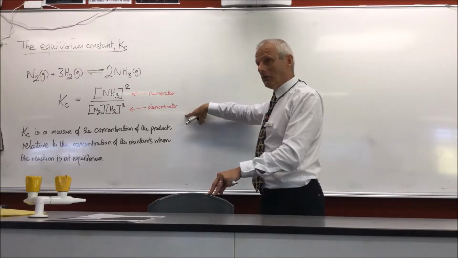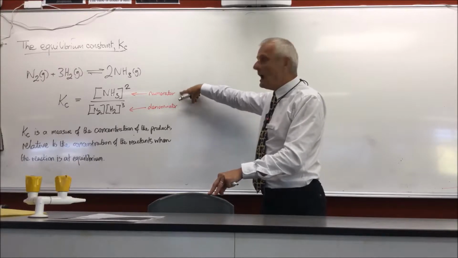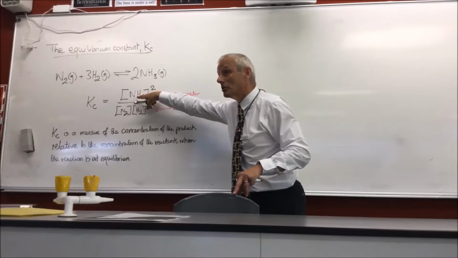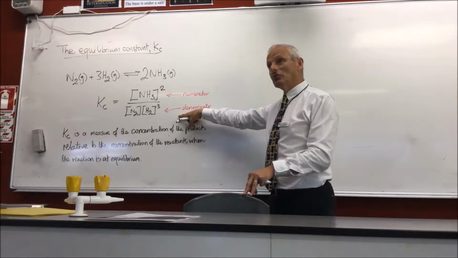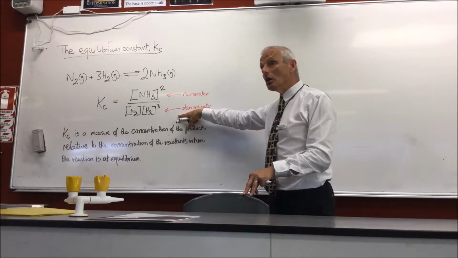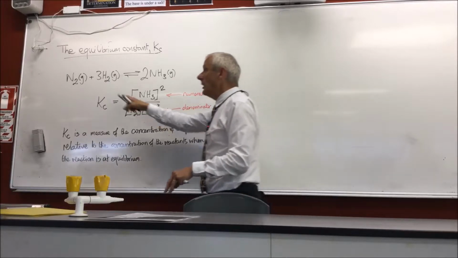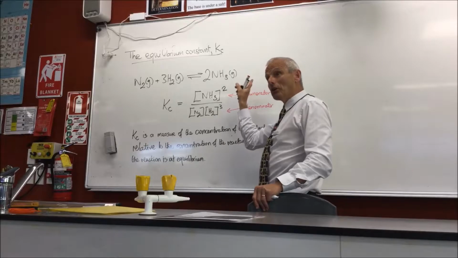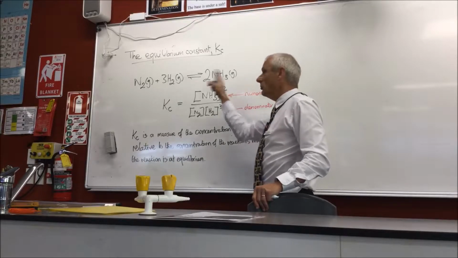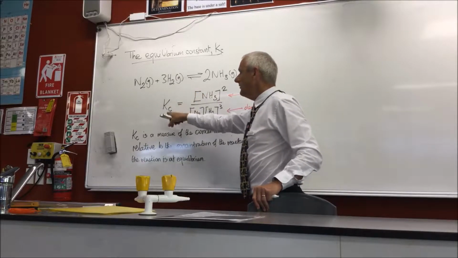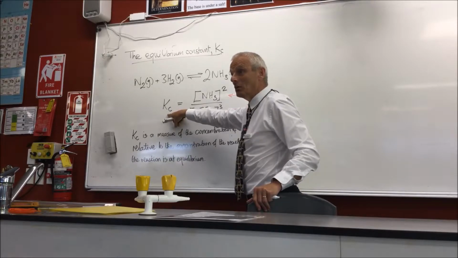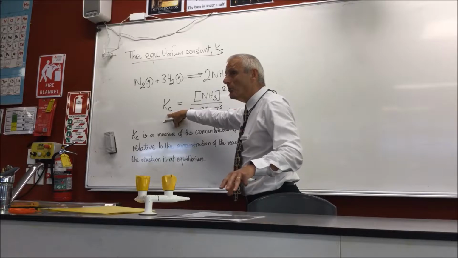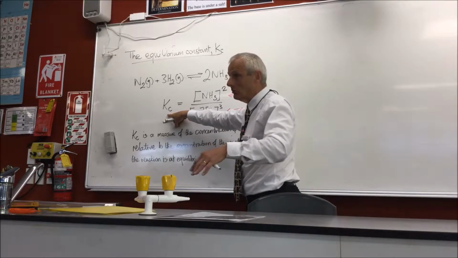In other words, we have a high concentration of products, because this is products, relative to the reactants. In other words, equilibrium lies well over to the products. We've got a much higher concentration of products than we've got reactants. So that's if Kc is a large number. We'll come to what we mean by a large number in a bit.